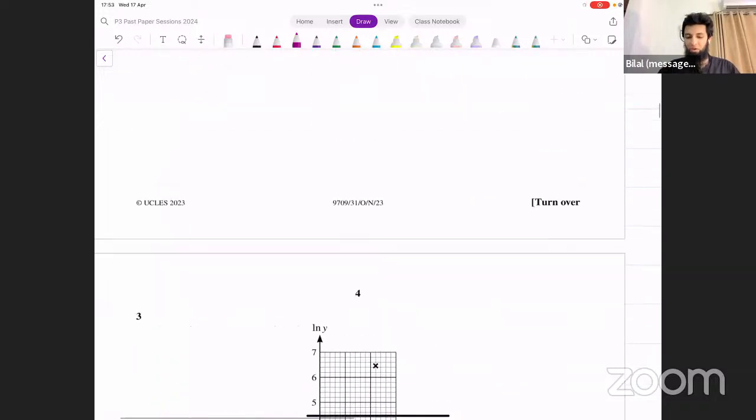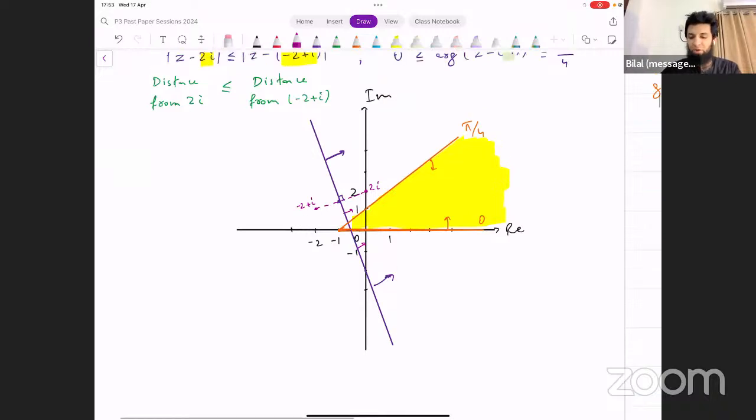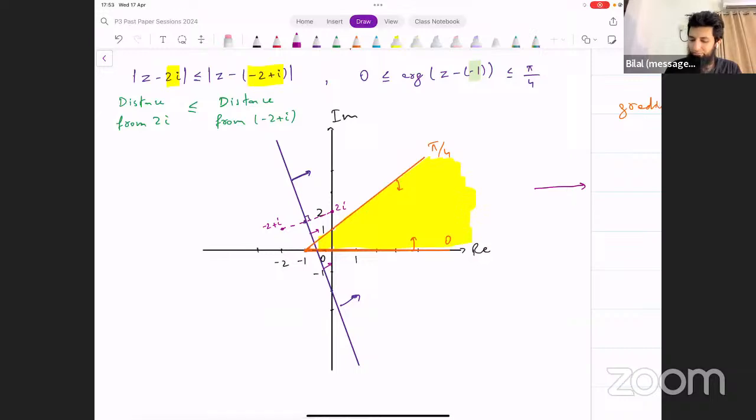The angle there was also pi over 4. Remember what we talked about? When the angle is pi over 4, whatever distance you travel horizontally, it should be the same distance that you travel vertically. Whatever is the distance traveled in this direction, let's say x, it should be the same distance that you travel in the other direction.